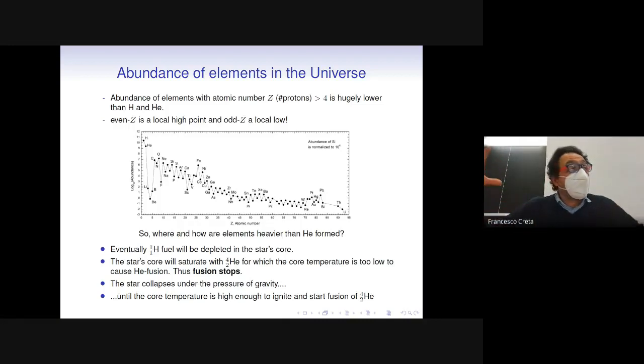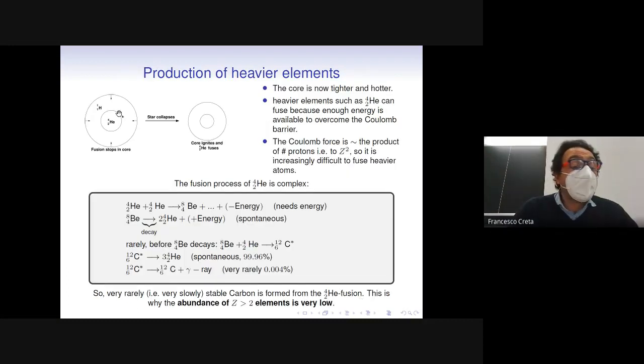Now, what happens is that the star will collapse, but the core of the star will eventually increase its temperature until it's high enough to start fusing the next element, which is helium. So that's how it works. Essentially, you deplete the hydrogen, the star collapses into a smaller, hotter one, where now you have helium, which starts to fuse.